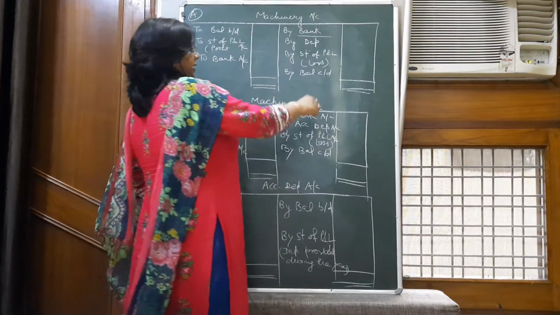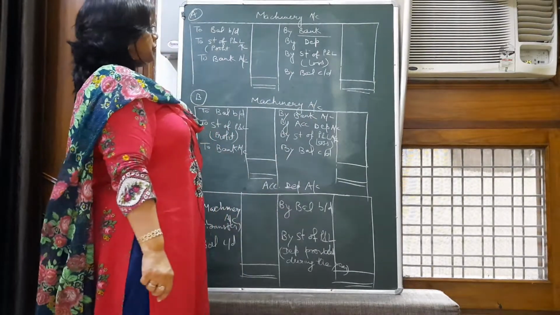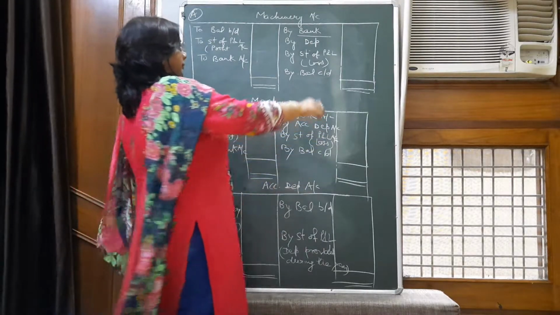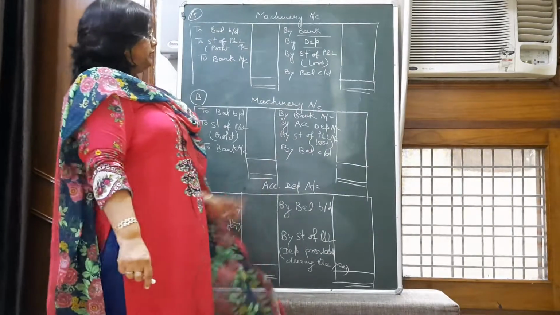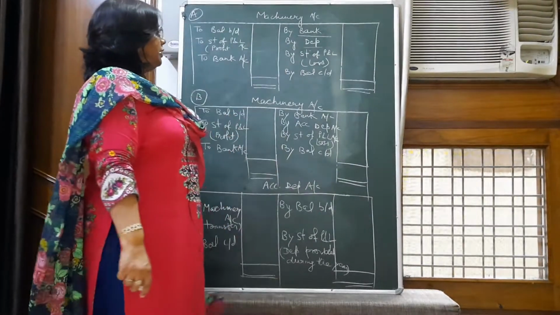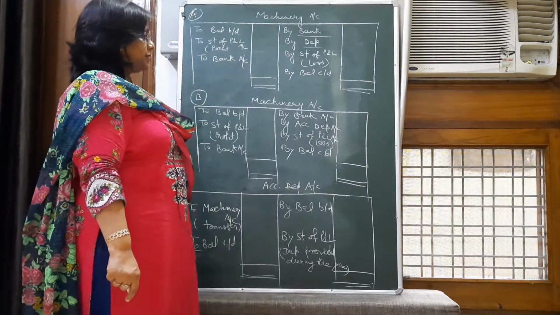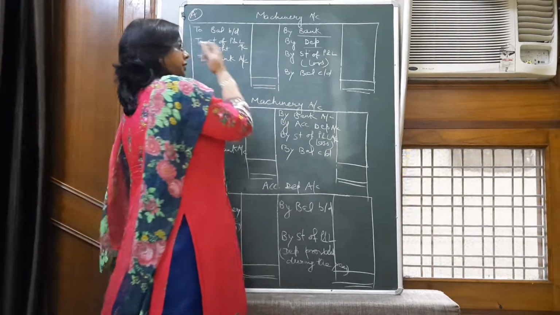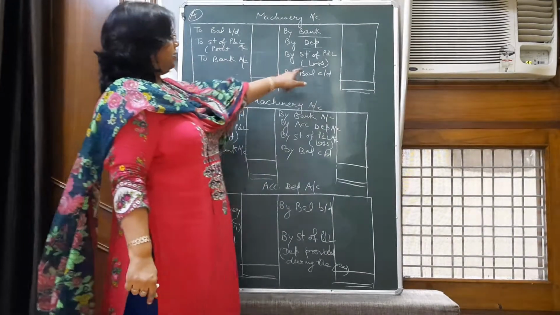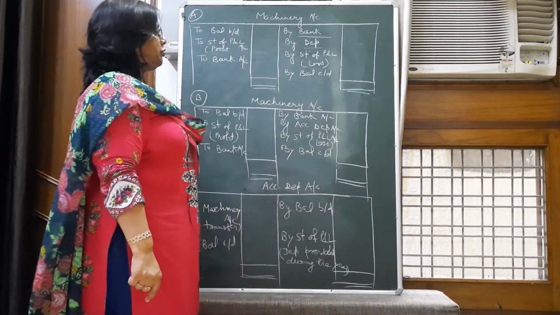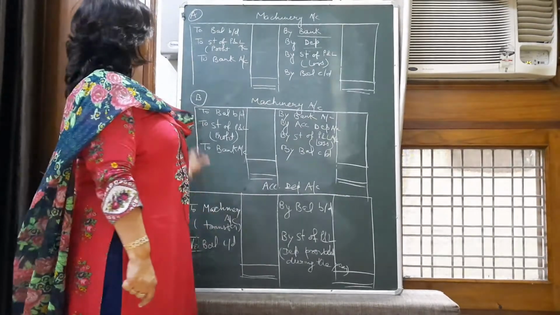Whenever you sell a machinery, depreciation is charged over that also, and on the remaining machinery, that depreciation is also shown in the credit side of asset account. And third, if there is loss on sale of machinery, we show it here by statement of profit and loss, that is loss on sale of asset.